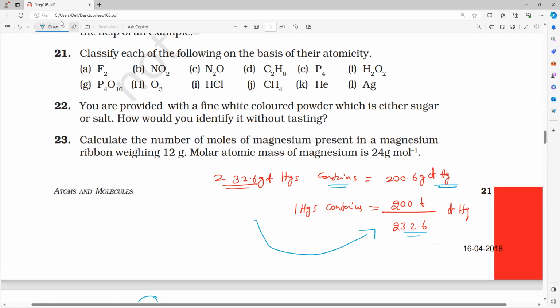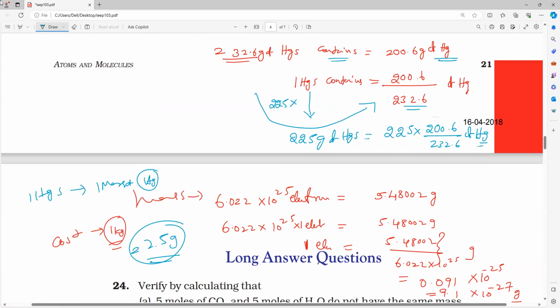Now 1 gram becomes 225 grams of HgS. If it is multiplied here, then here also the same. So 225 into 200.6 divided by 232.6 grams of Hg. All of you solve this one, you'll get the answer. I'm trying to find for 1 gram so that I'll get it for 225 grams.